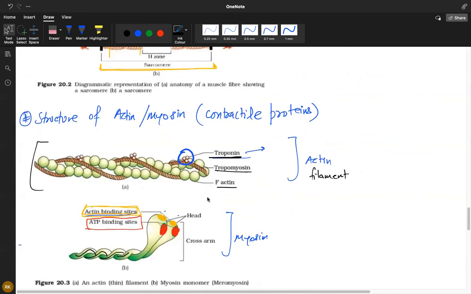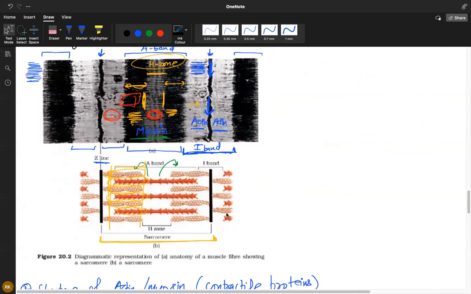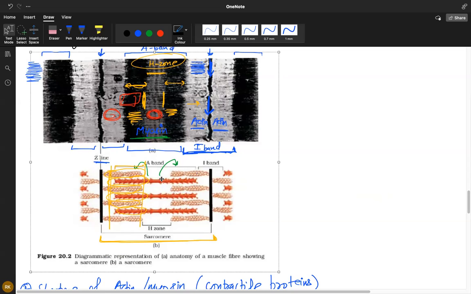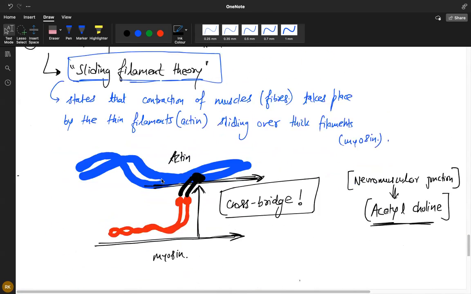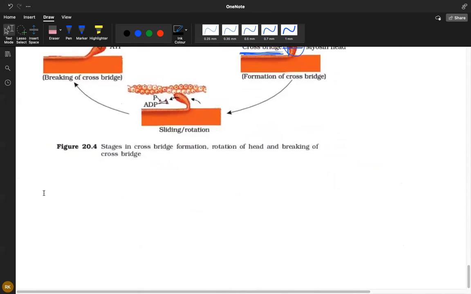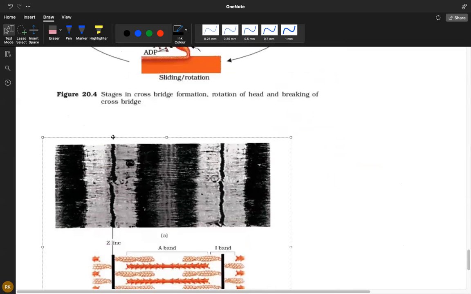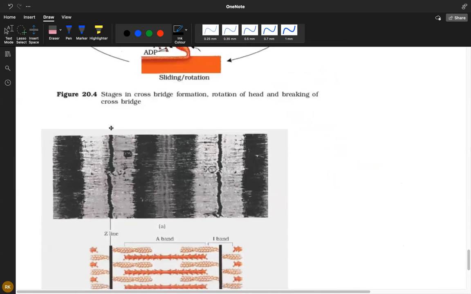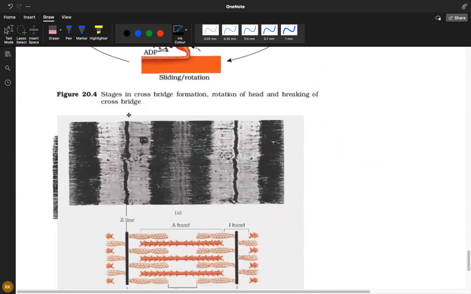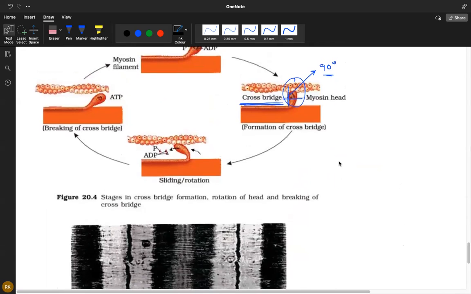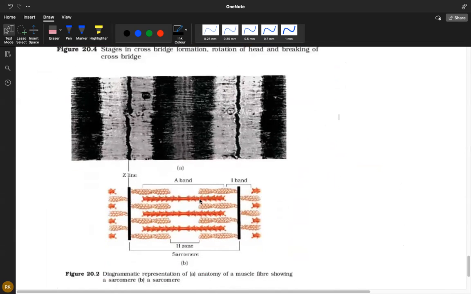Now imagine, myosin has bound to actin, and this is myosin.